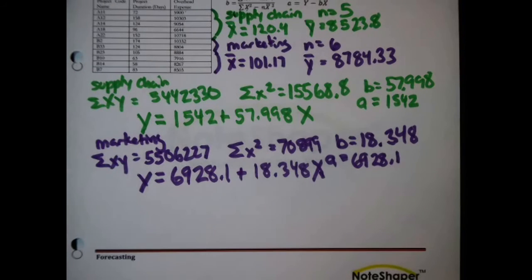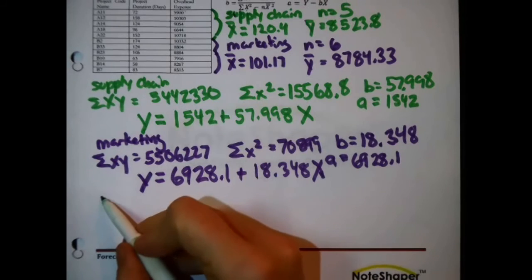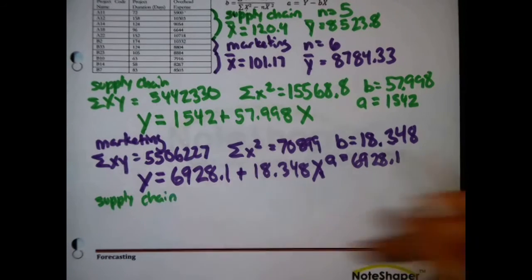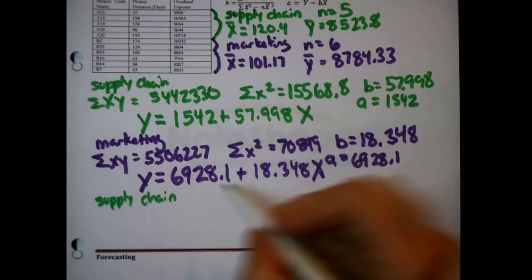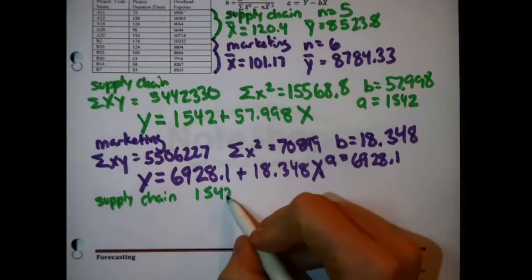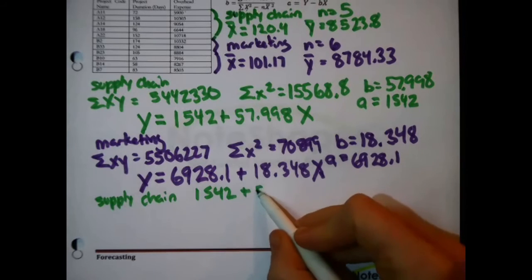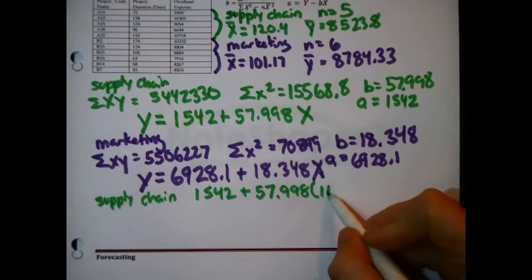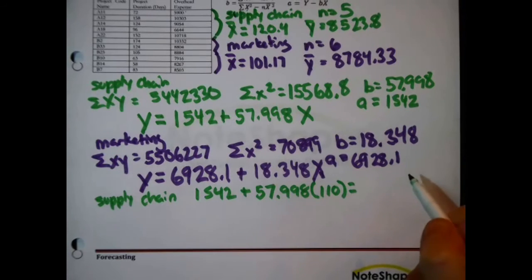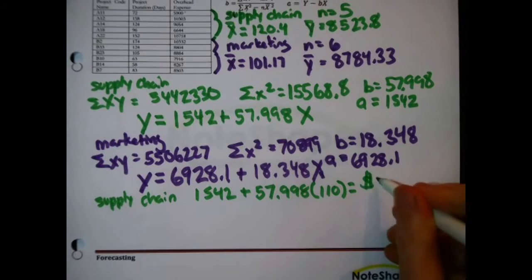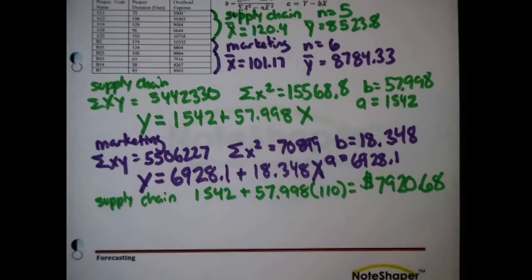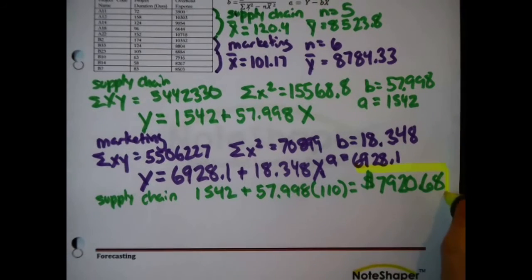In the case of supply chain, a 110-day project, well, 1542 is what you start with, kind of like a fixed expense, plus 57.998 times the 110. I get 7,920.68.